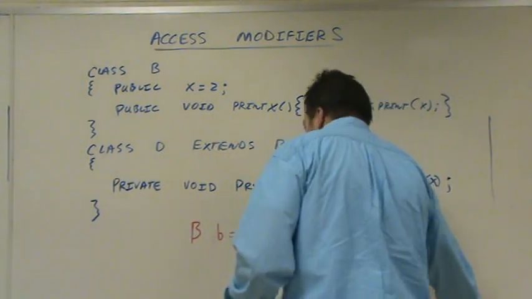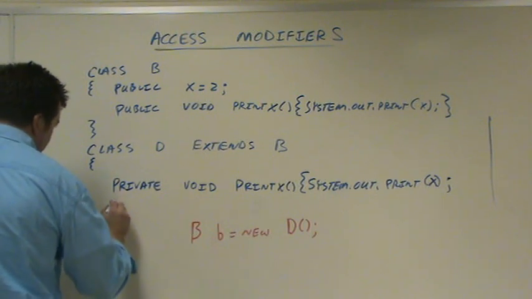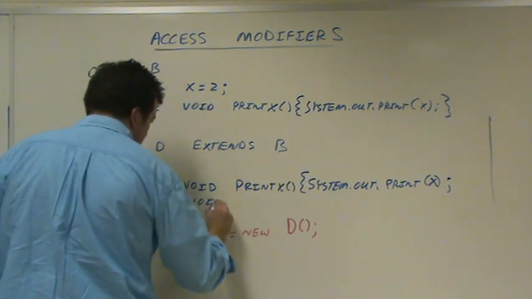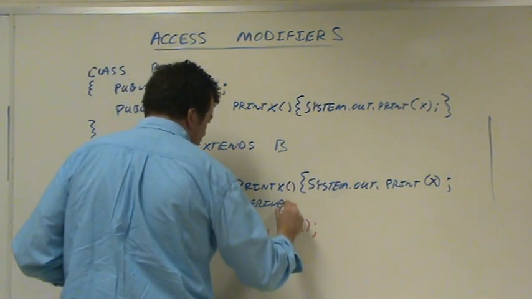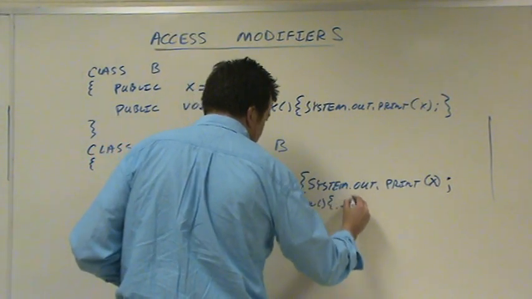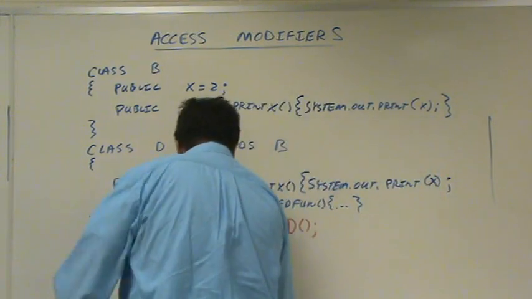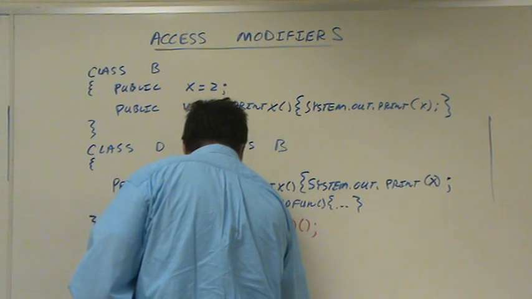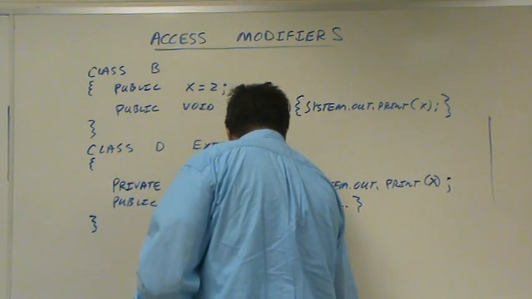So if we had a derived method like public void derived function, which does something, we couldn't use a base object. We can't say b dot derived function.